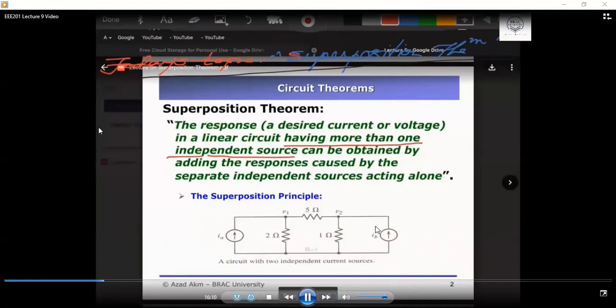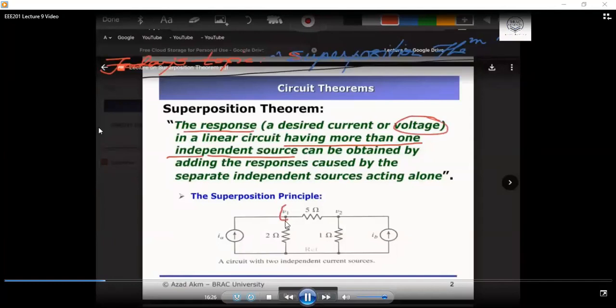And now we can see how the superposition theorem can be applied to determine the responses. The responses you are going to determine in this case are the voltages V1 and V2.